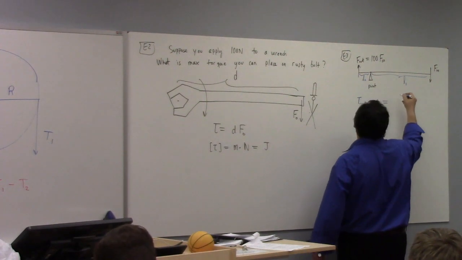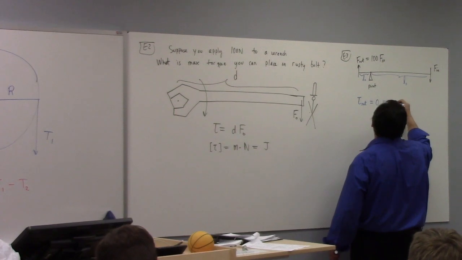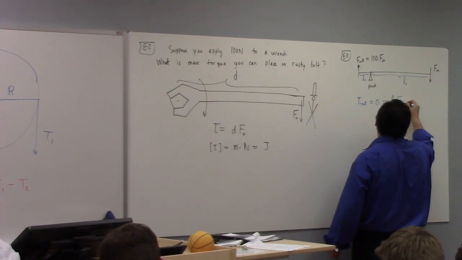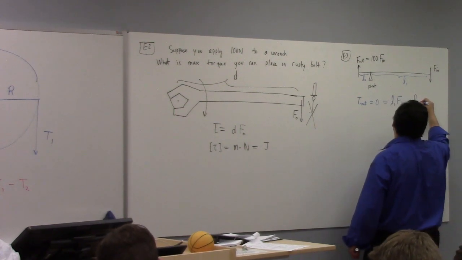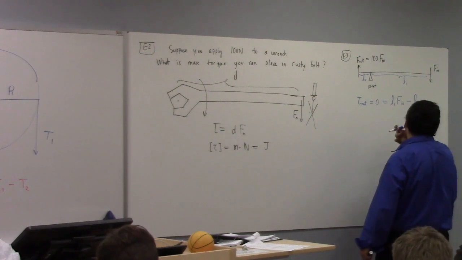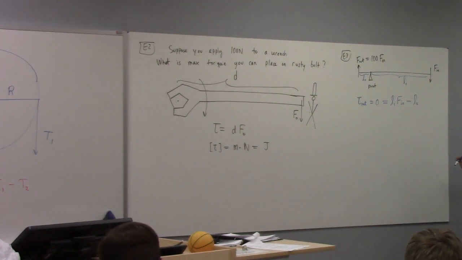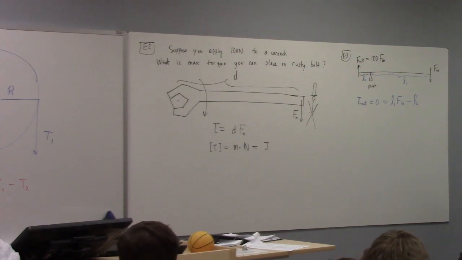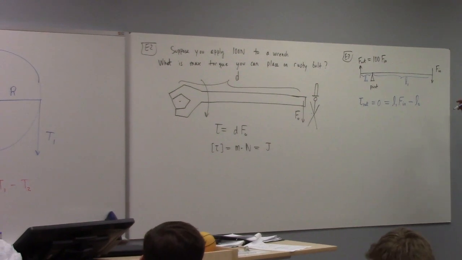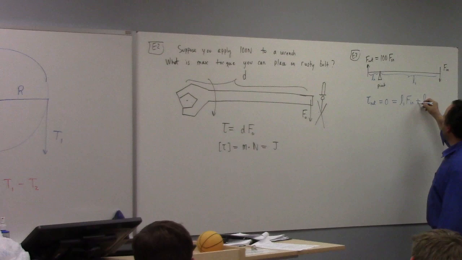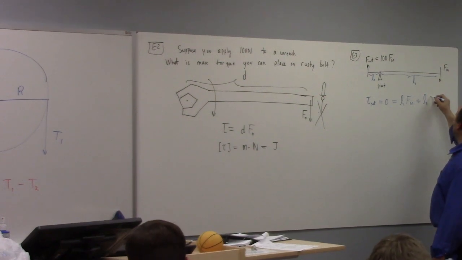So you have L1 times F in minus L2. Actually, is it minus L2? Let me see here. As I have it pictured, I think that should be plus L2 F out.